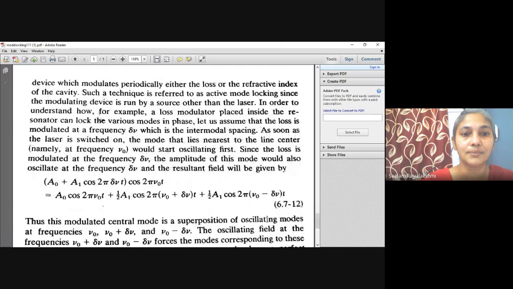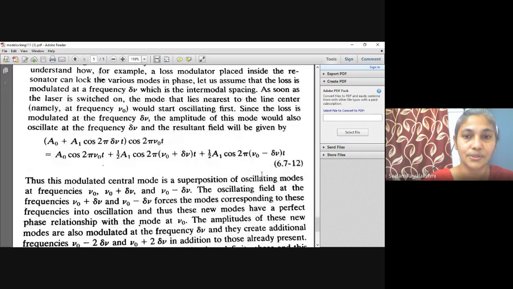Thus this modulated central mode is a superposition of oscillating modes at frequencies nu naught, nu naught plus delta nu, and nu naught minus delta nu. These two force the modes corresponding to these frequencies into oscillation.